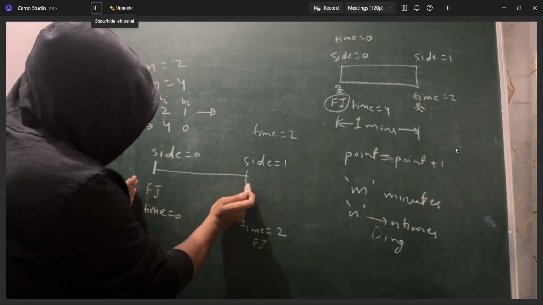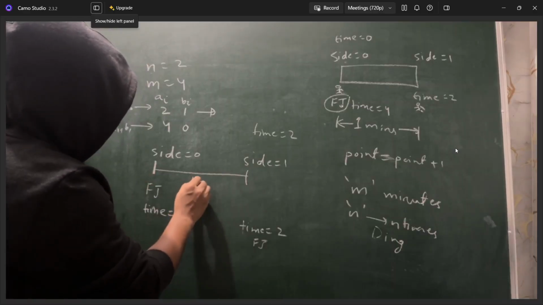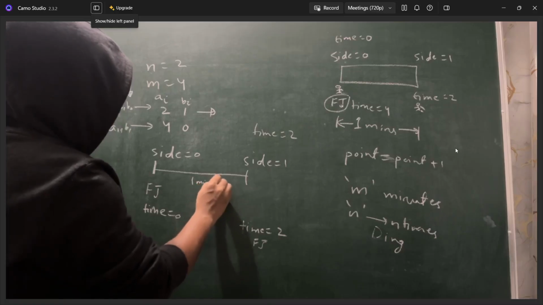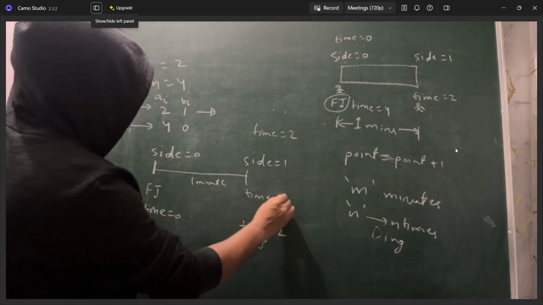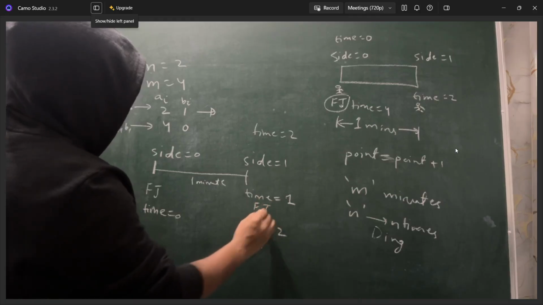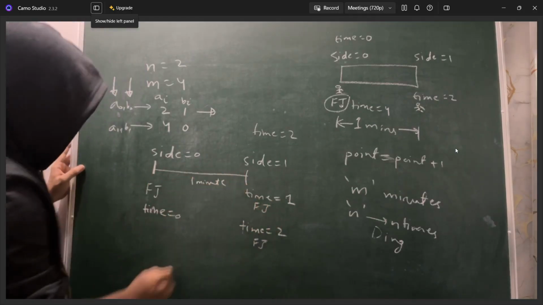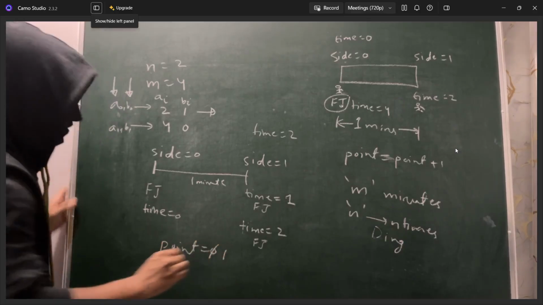To move to the other side, he requires 1 minute of time. So let's say at time 0, he has moved to this position. Now time is 1 and farmer John is at this position. Since he has moved to the other end, the point gain is 1. Initially the points were 0, now he has gained 1 more point.